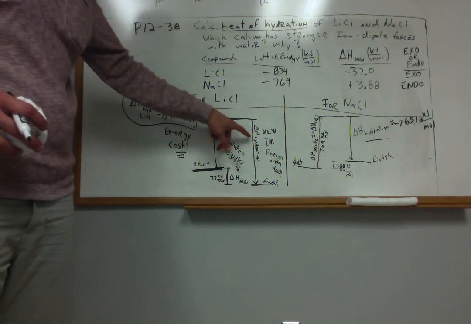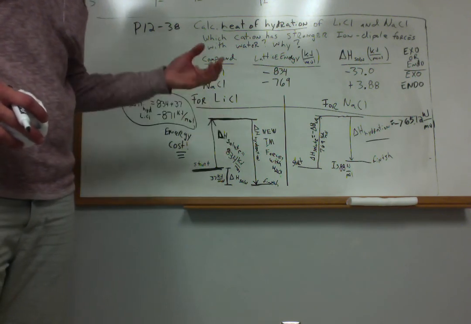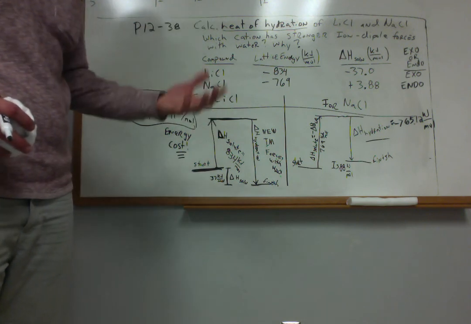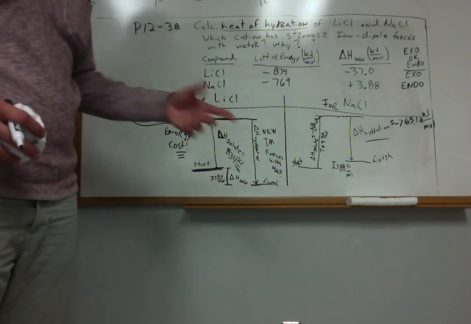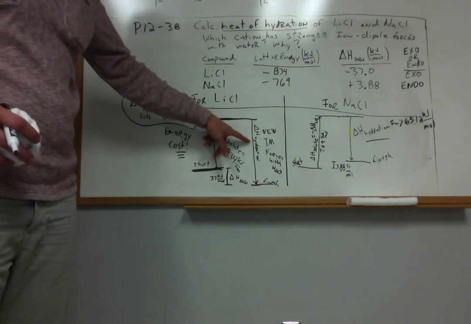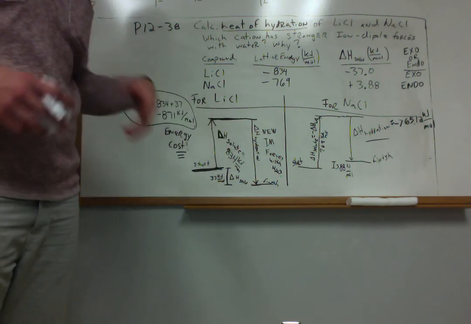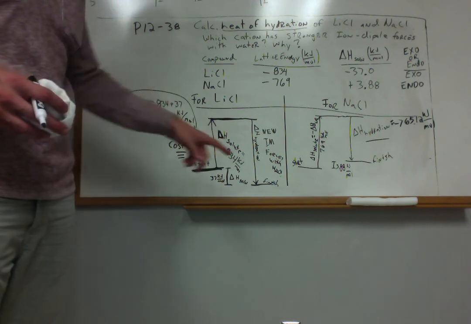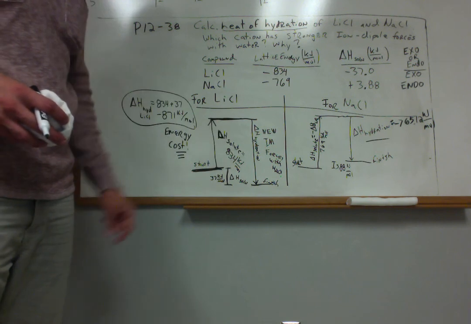Enthalpy of hydration, by definition, is taking the gas phase ions that result, putting them into water, surrounding them with water molecules. That's always going to be an exothermic step because the ions will want to interact with the polar water molecules. It's a favorable interaction regardless of what ions we're dealing with, always highly exothermic.